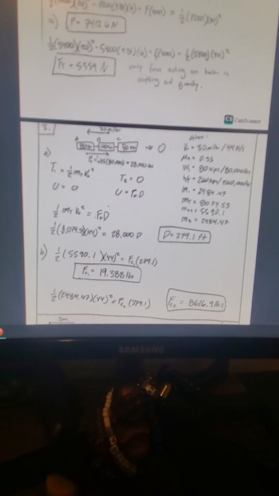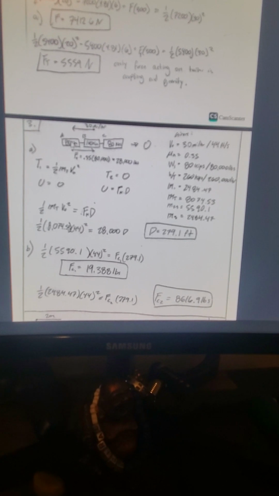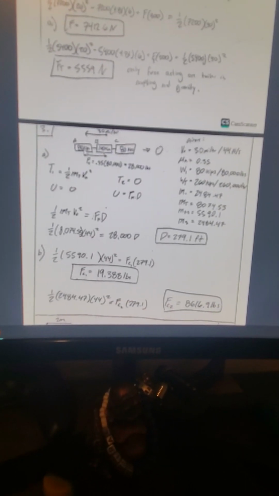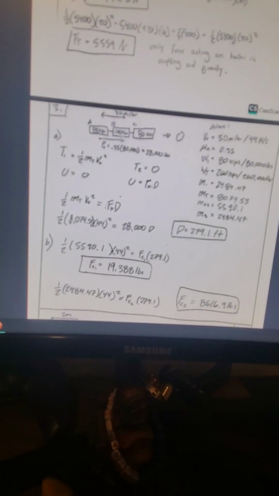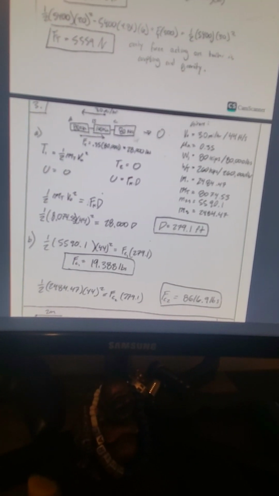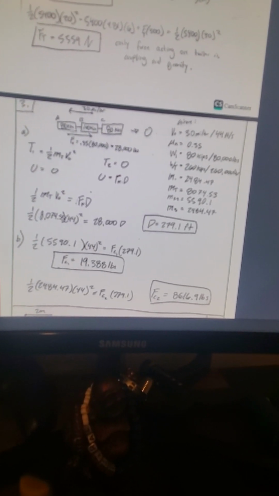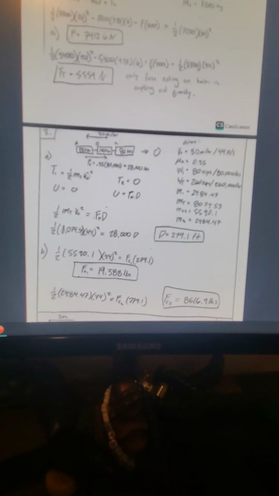So the force from friction is going to be the normal force of just car A times the coefficient of static friction. If all of these were braking, then you would use the normal force for all of the cars. You just use it as like a point mass if you want.